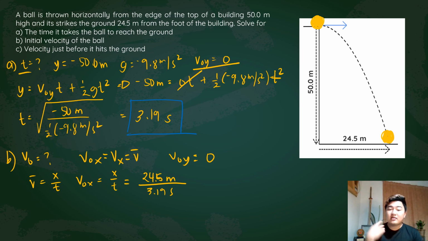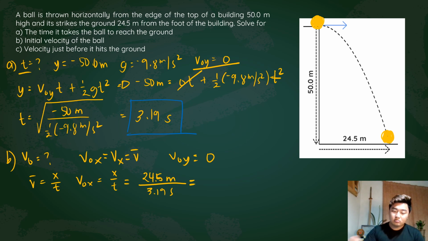So therefore, 3.19 seconds is not just the time it takes the ball to reach the ground, but it's also the time the ball covers its displacement along the x.